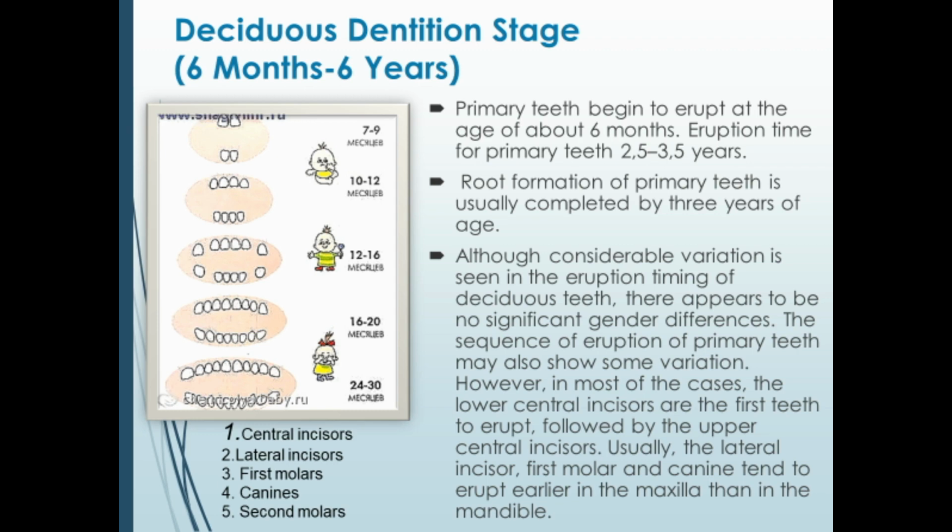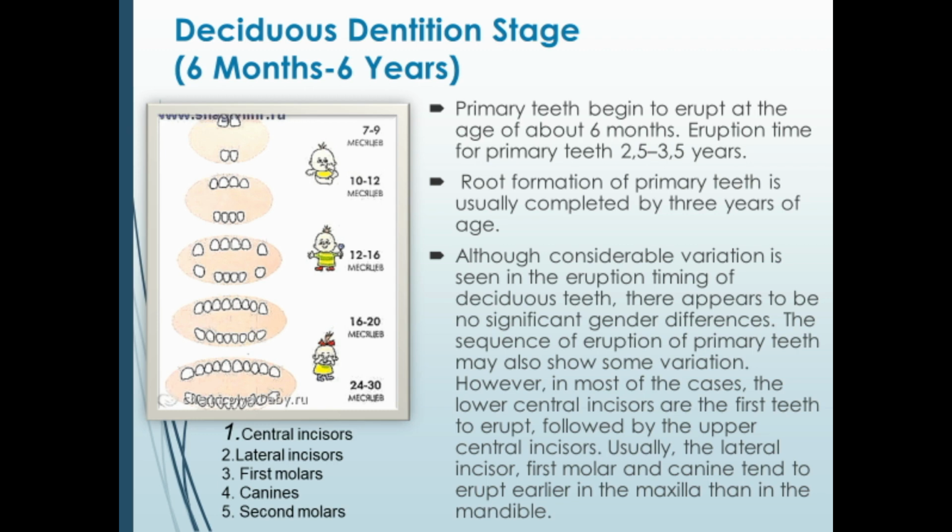Eruption of all the primary teeth is usually complete by 2.5 years, by which age the deciduous dentition is in full function. Root formation of primary teeth is usually completed by 3 years of age.